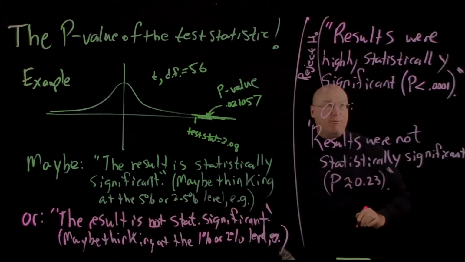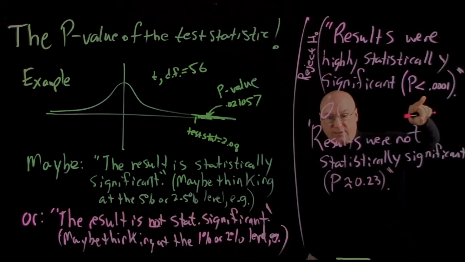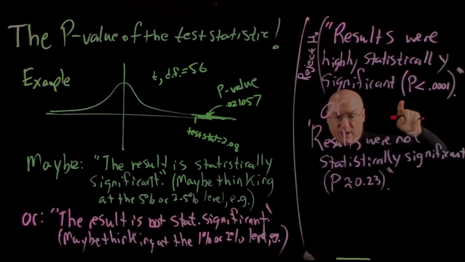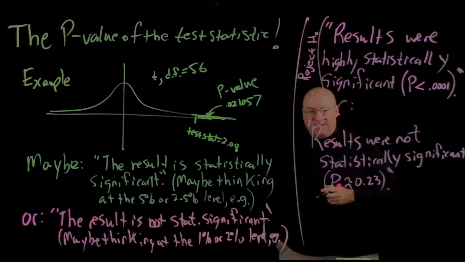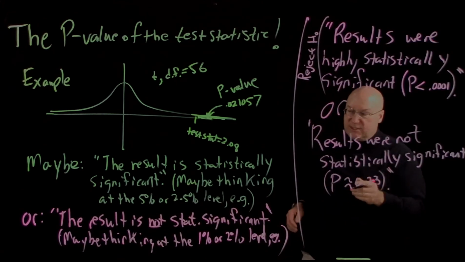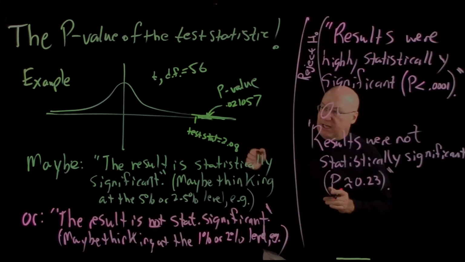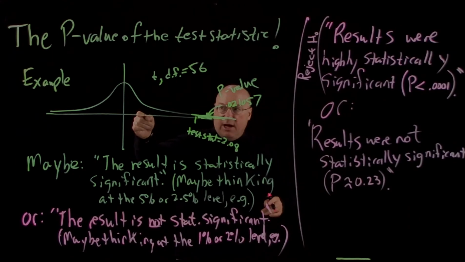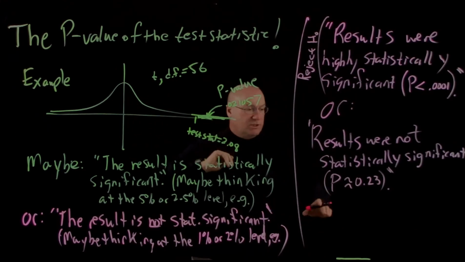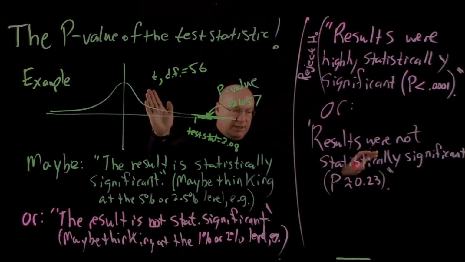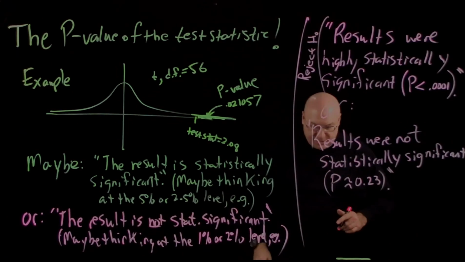Most anyone who looked at that would say that's not statistically significant. Your test statistic is too close to the mean. I've got such a big tail area, almost a fourth of the area in its tail. It's too close. It's not statistically significant.